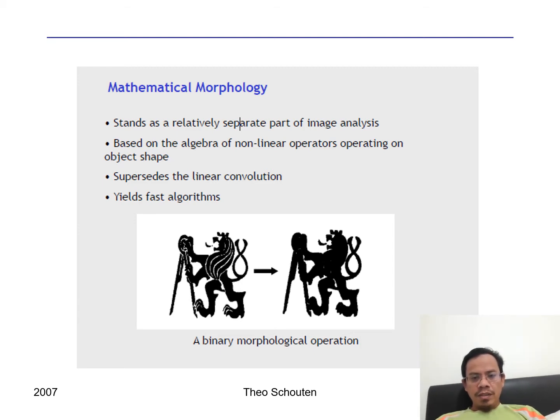This is an example of a binary morphological operation. You have one image here, and when we perform a morphological operation, we can get this kind of output, by filling up all the holes or white components inside the object.